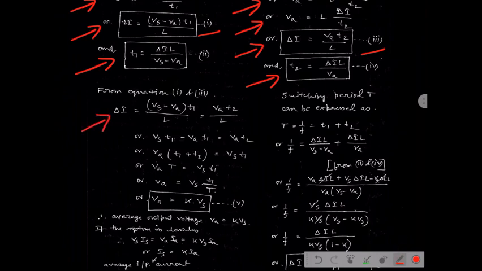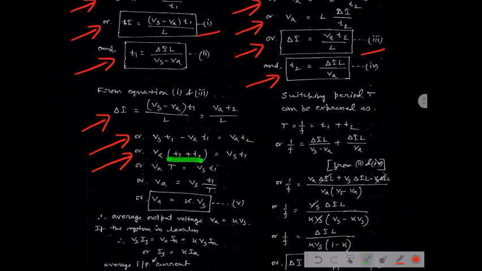So we can write del I equals (Vs minus Va) into T1 by L equals Va T2 by L. After simplification, we get Vs T1 minus Va T1 equals Va T2. We take the common part here. That means we can rewrite the expression as Va (T1 plus T2) equals Vs into T1.